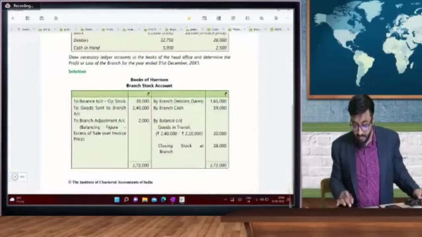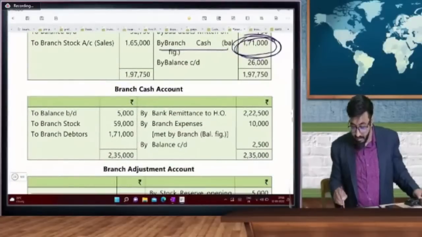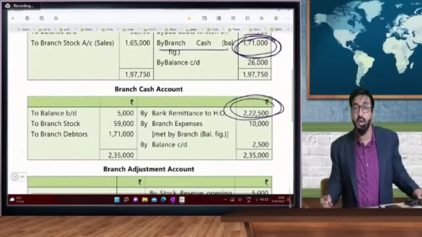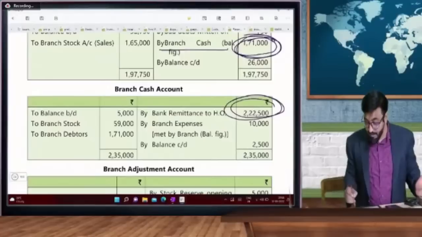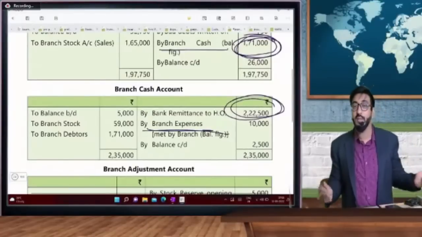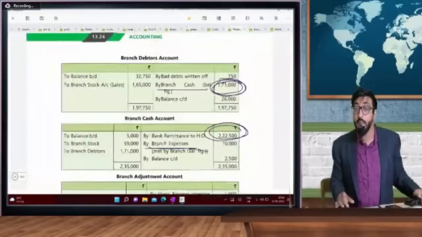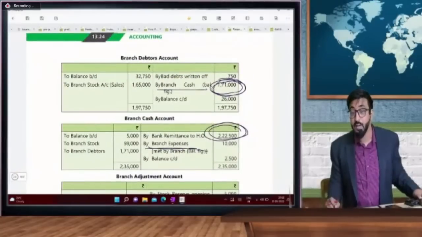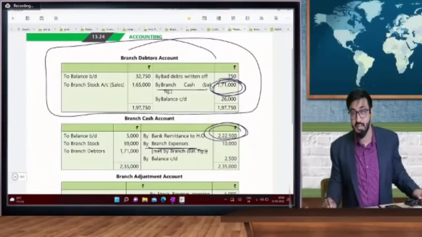Yes, see, now this cash collection, when we remit it to the head office, might be a different amount. You are not remitting here, as partly expenses are paid by branch. Okay, so both methods will give you a different answer. Yes, but if you prepare a memorandum debtors account, it will look the same as the branch debtors account.